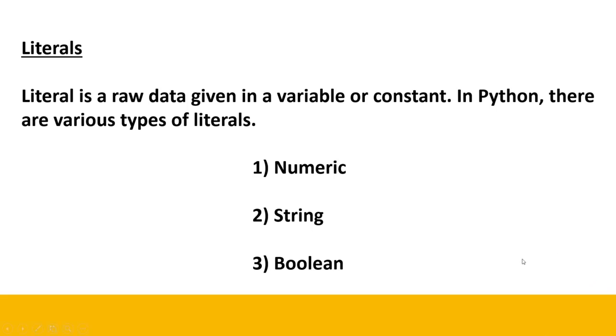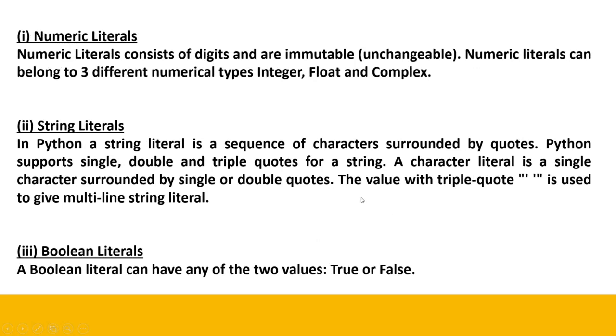So let us study it in detail. Numeric literals. Numeric literals consist of digits and are immutable. Numeric literals belong to three different numerical types: integer, float, and complex.